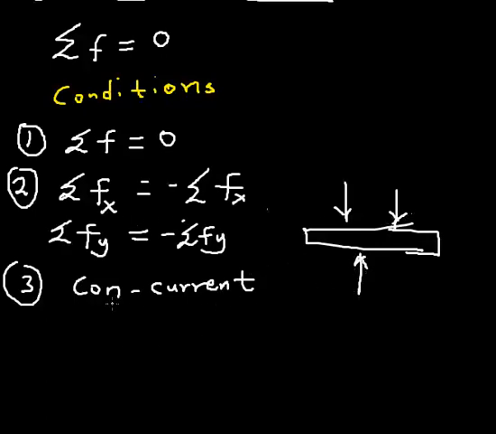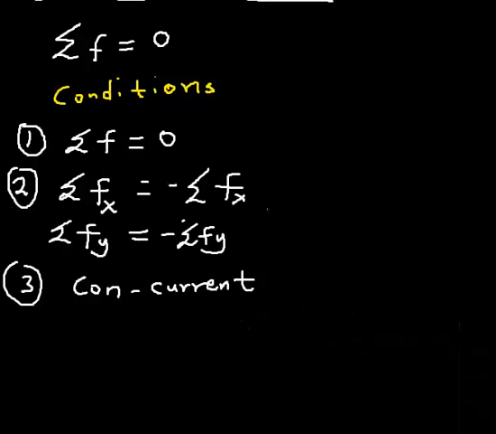Because if they're acting sequentially, this body won't be at equilibrium. Let's look at a situation where we wait until the downward force finishes acting on this body, then the upward force acts. You know very well that this body will move before it comes to rest, and that is not equilibrium. So the forces must be concurrent.